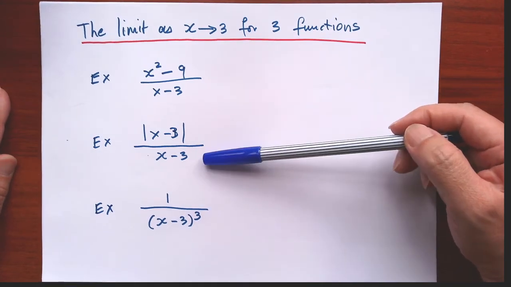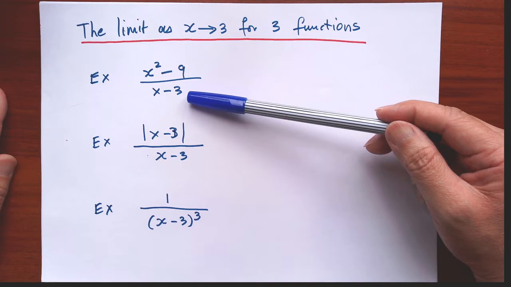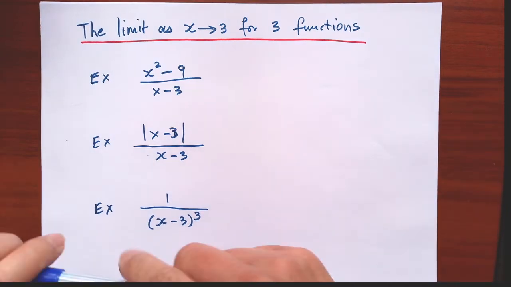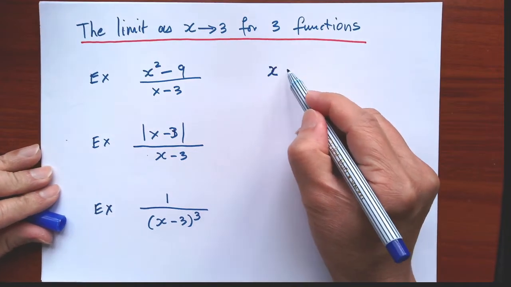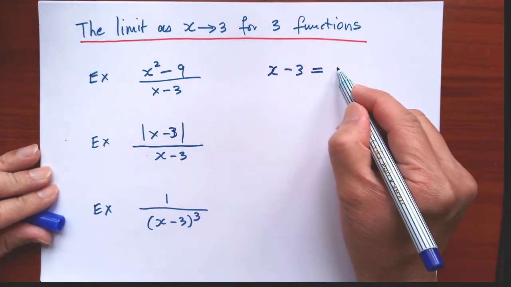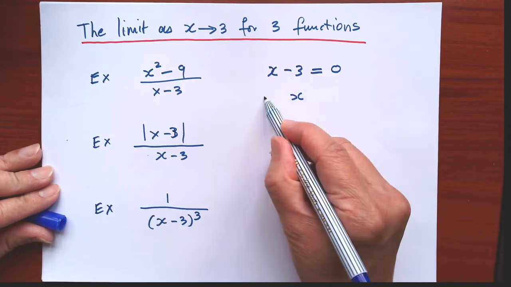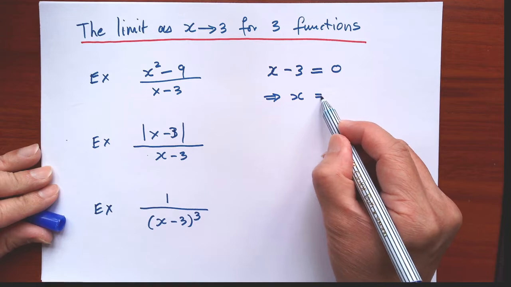Another thing to notice is that there will be some sort of asymptote at x minus 3 equals 0. x minus 3 equals 0 implies x equals 3.